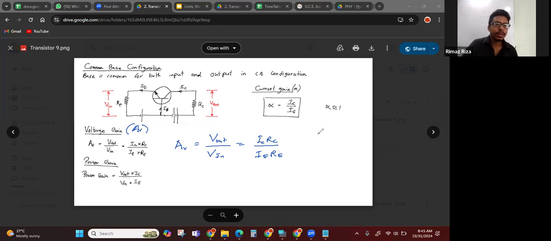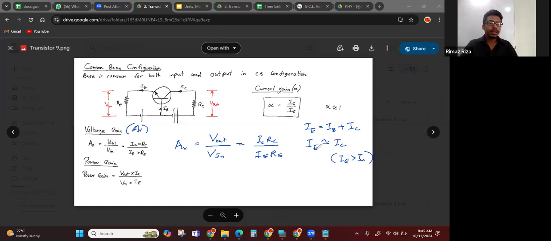We know IE equals IB plus IC, and IB is very small, therefore IE is approximately equal to IC, and also IE is slightly greater than IC.